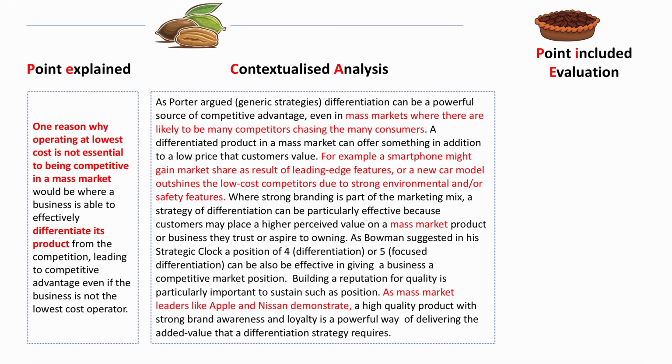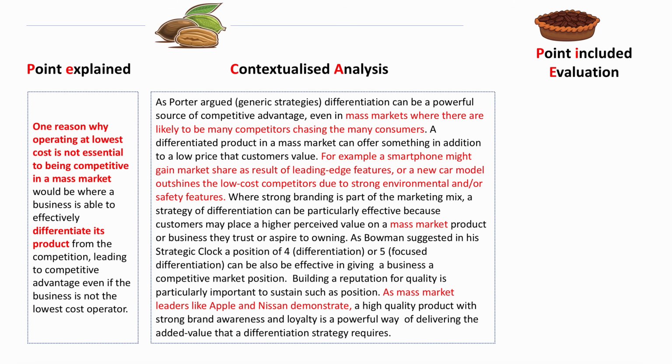A differentiated product in a mass market can offer something in addition to a low price that customers value. A bit more context. For example, a smartphone might gain market share as a result of leading edge features, or a new car model might outshine the low-cost competitors due to strong environmental and or safety features. So I've started to use a bit of context to help explain how and why differentiation can work.